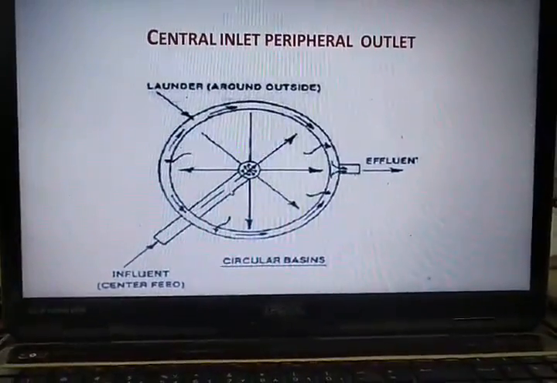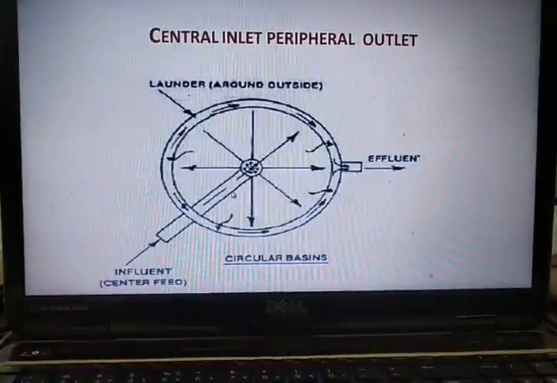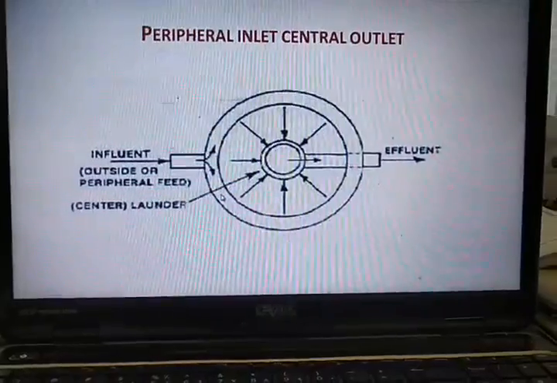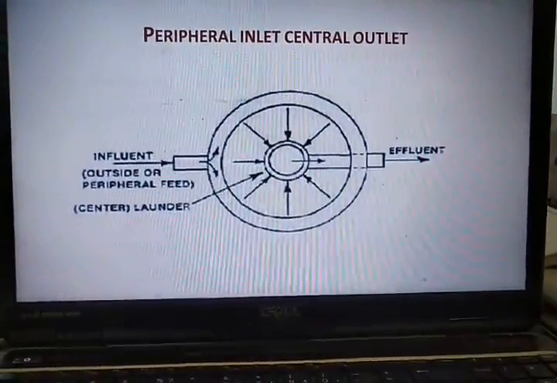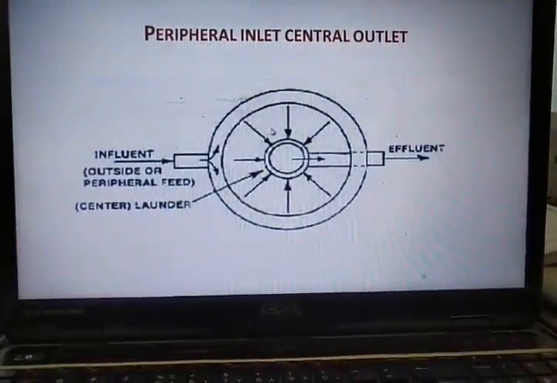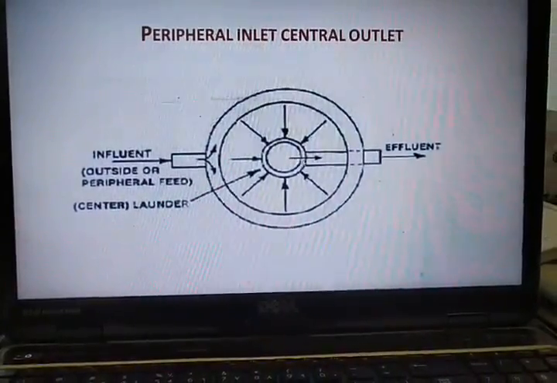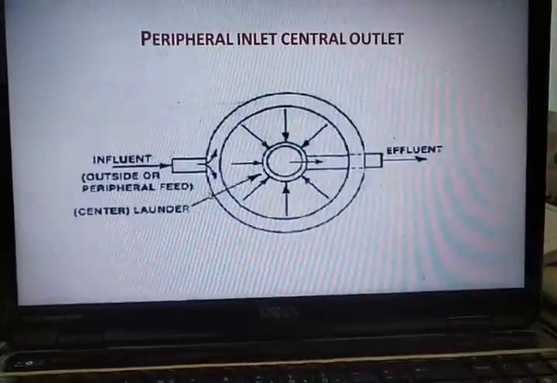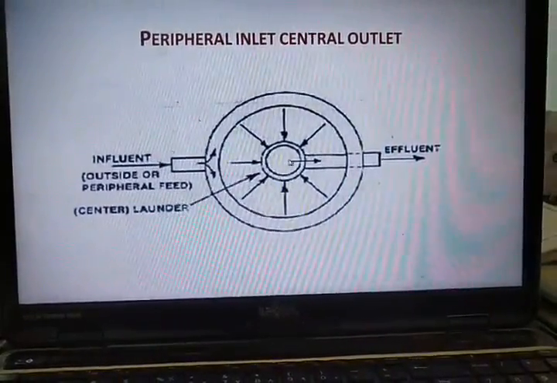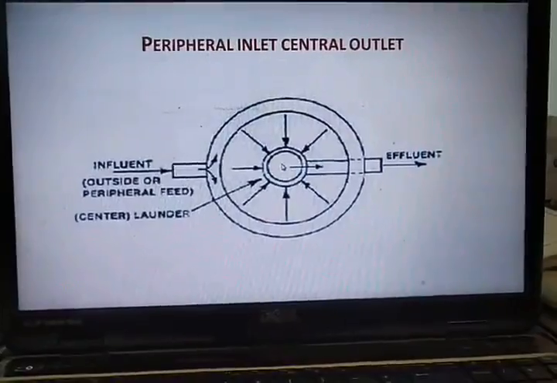It is a center feed type, wherein water enters the system into a circular basin. This is the peripheral inlet and central outlet kind of sedimentation tank system, wherein there will be a central launder from which the water enters the sedimentation tank.